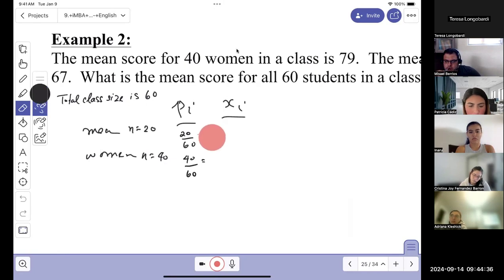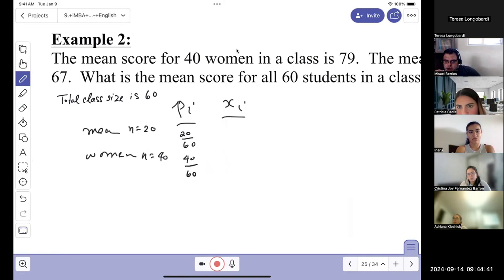You can leave it like that. If you're going to use fractions, and the fraction has a repeating decimal, it's better to use the fraction.